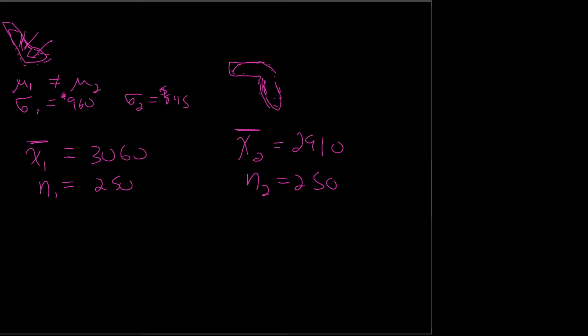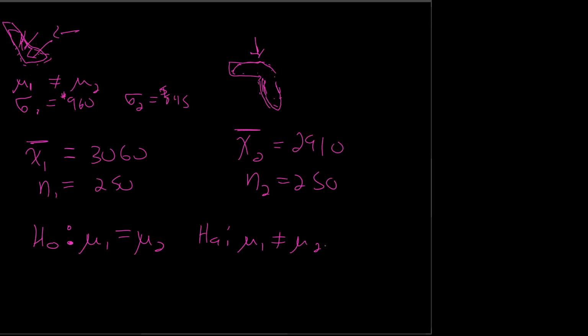So we can make a hypothesis, and the hypothesis is that these are not equal. That there is a difference between the debt in Florida and California. Something about being over here makes you take different debt than being over here. And so we would make our null hypothesis that these are equal. Our alternative is that they're not equal.